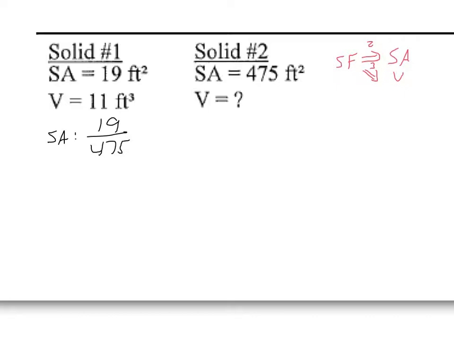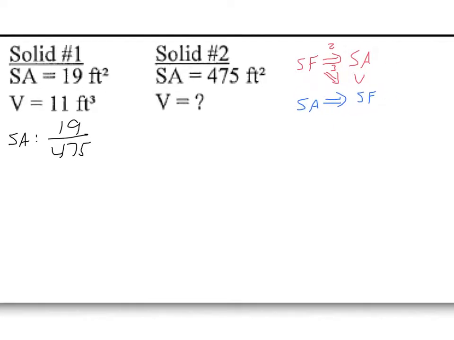If I give you the surface area ratio, however, you have to take that and find out what the scale factor is. And once you find the scale factor, then you can cube it to get the ratio of volumes.